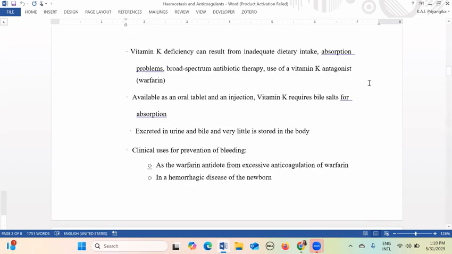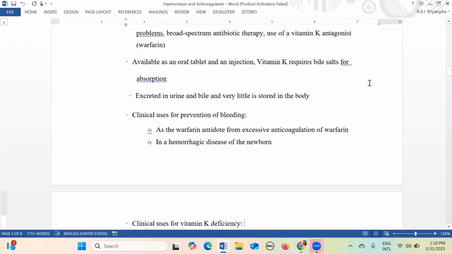Clinical uses are prevention of bleeding, and as the warfarin antidote for excessive anticoagulation of warfarin.